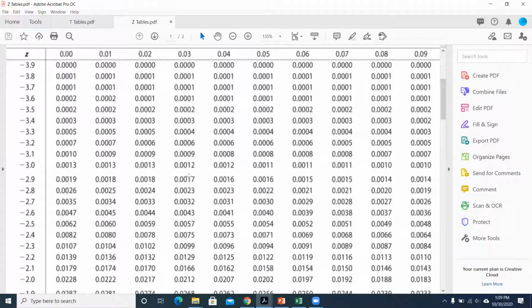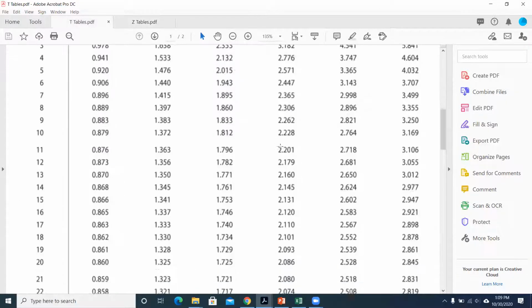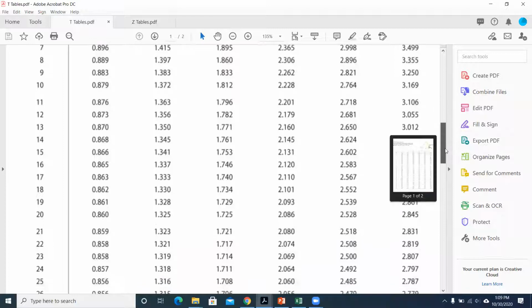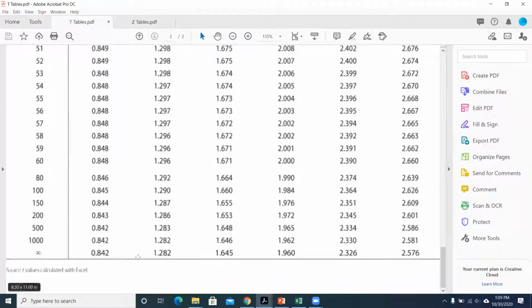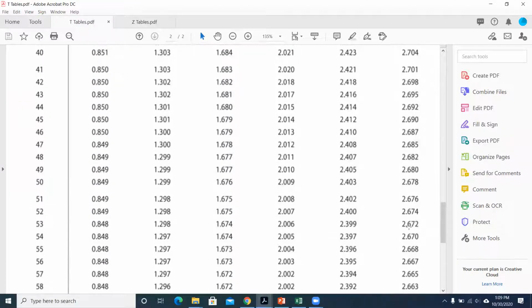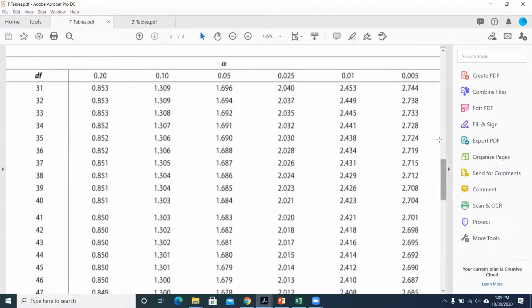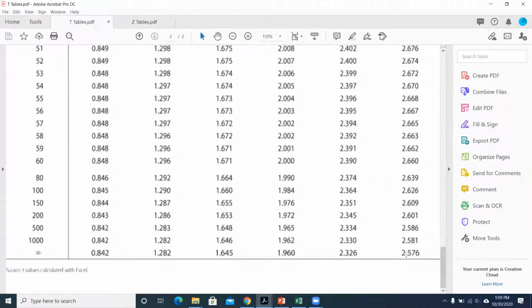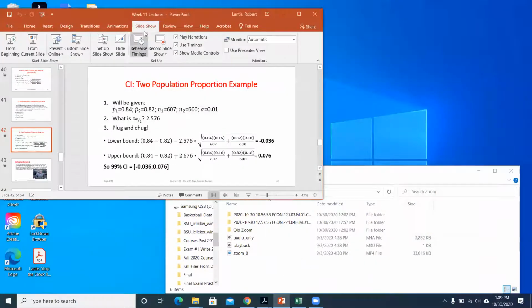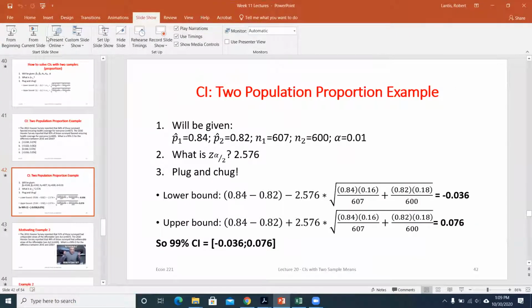So 2.58. Or I can use the t-table and go all the way down to the very last row. Remember, these are the values to the third decimal from the standard normal distribution, since degrees of freedom of infinity. So I go up here to 0.005, and 2.576 would be the value that I need. So I can actually go out to the third decimal if I use the student t-table.